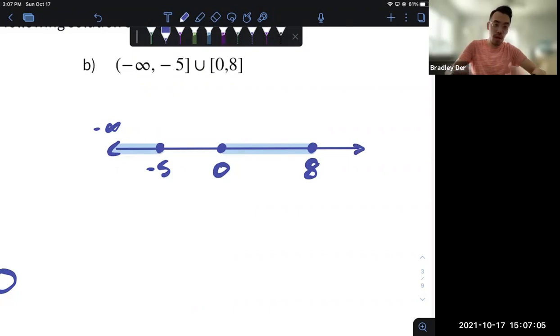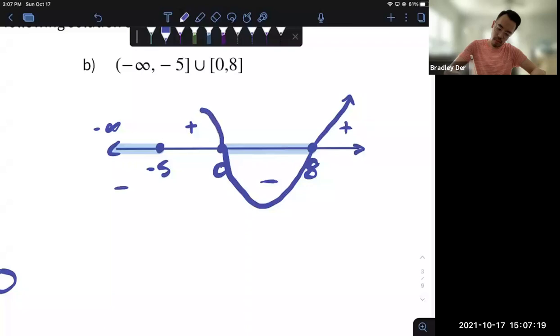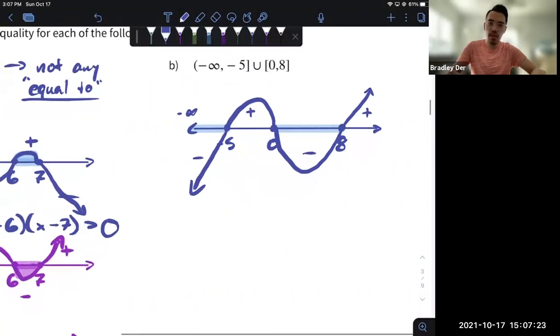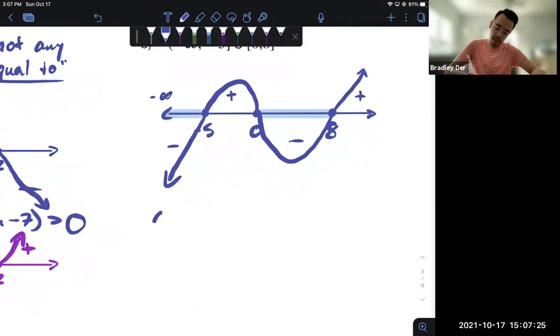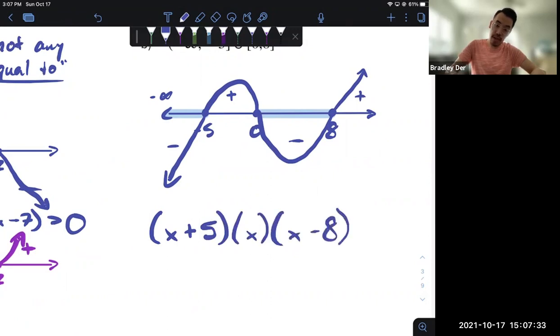And if you want to try that strategy of just always setting your right-hand section to be positive, you can do that here. So I want negative, positive, negative. And so this looks like x plus 5, or root of -5, times x minus 8.